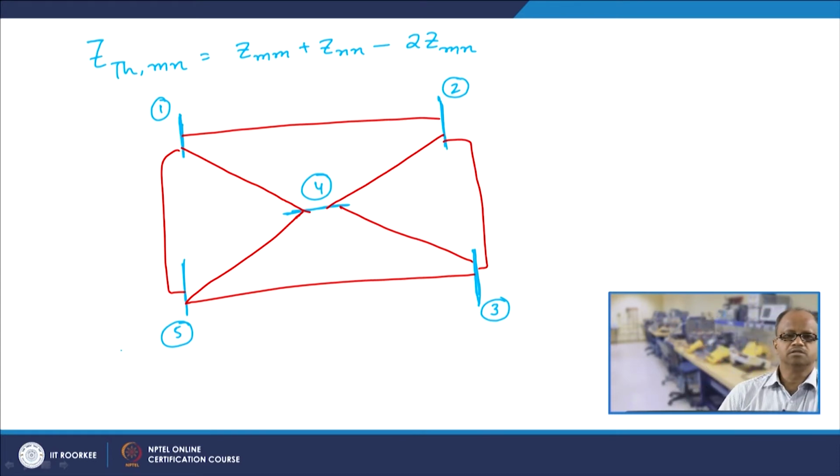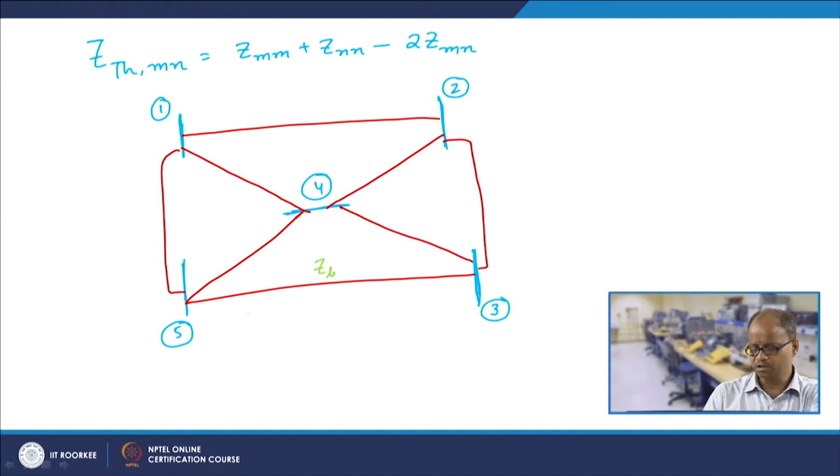Now, the point is how do we really simulate the fact that this particular line is switched off in our calculation. To do this, suppose this line has an impedance ZB.